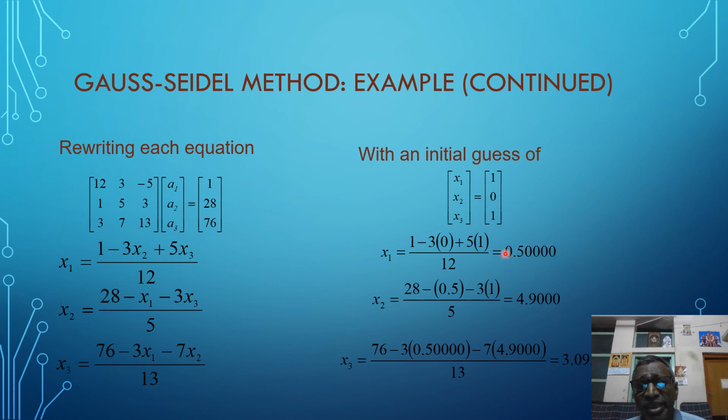Now we are not going to take x1 as 1, but in the second step I am taking x1 as 0.5. You see that it is the latest value that is available. By doing it this way, the convergence is very fast, and compared to the Jacobi method, this terminates within 3 iterations, while the Jacobi method runs into 10 iterations.